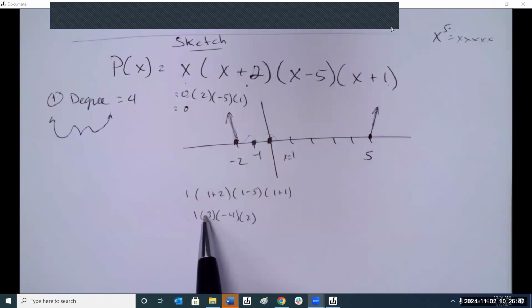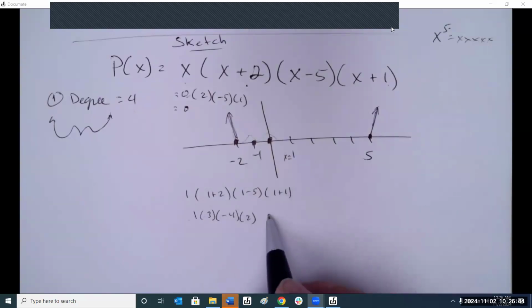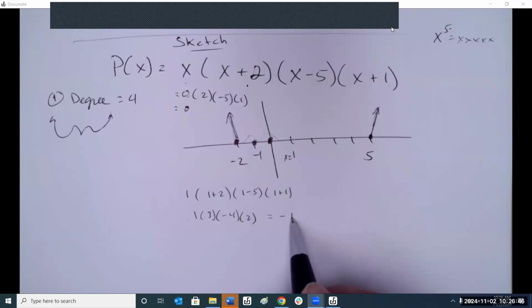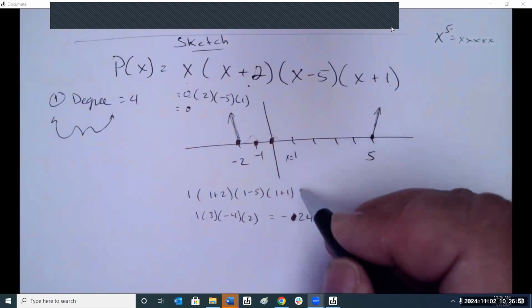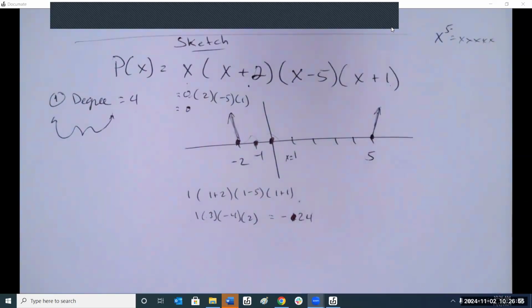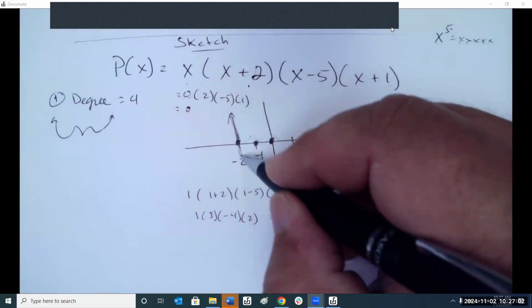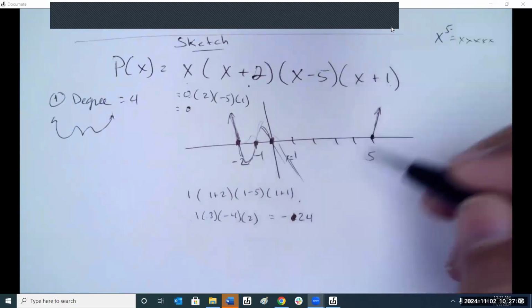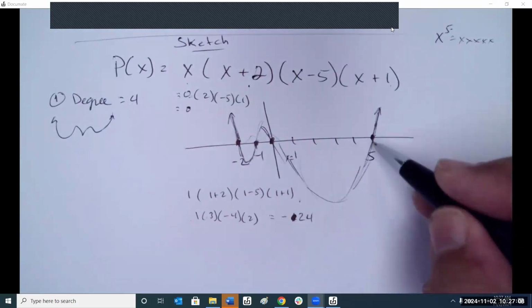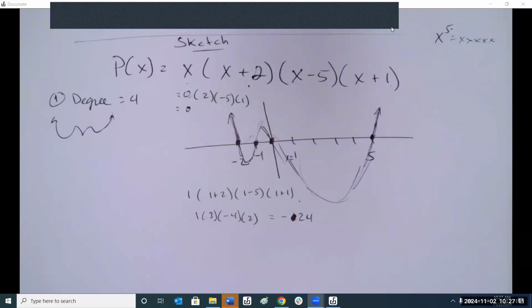Positive times negative times positive is negative. The answer is negative 24. So this one's going to be way down there. So it doesn't bounce. It'll have this basic shape. No bounces.